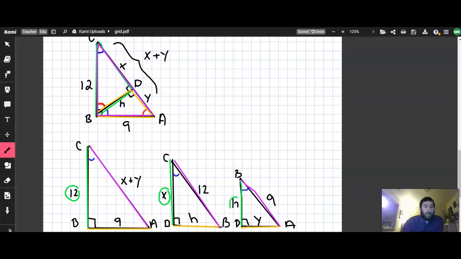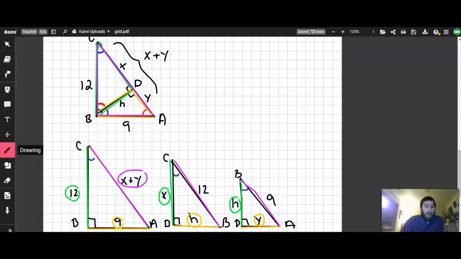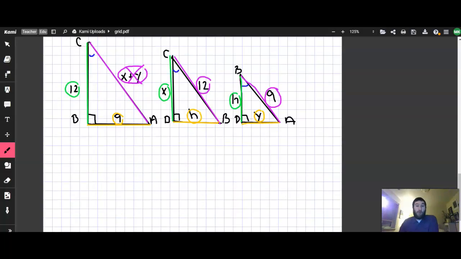I know that x matches up with h, which is great. I see that 9, h, and y all match. And I see that x plus y, two variables added together. I'm going to try to avoid using that one to solve if I can. And I see that 12 and 9 match. So, ladies and gentlemen, with that practice under our belt, let's try one more problem.